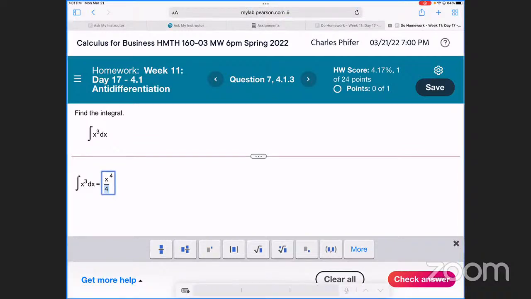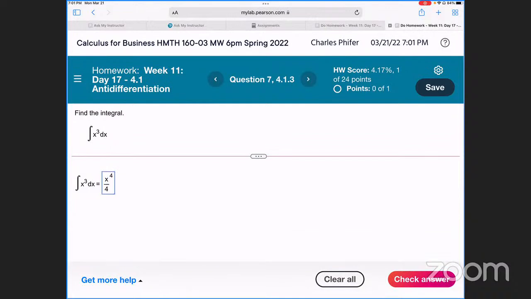Why is it tabbing? It wasn't doing this last time.